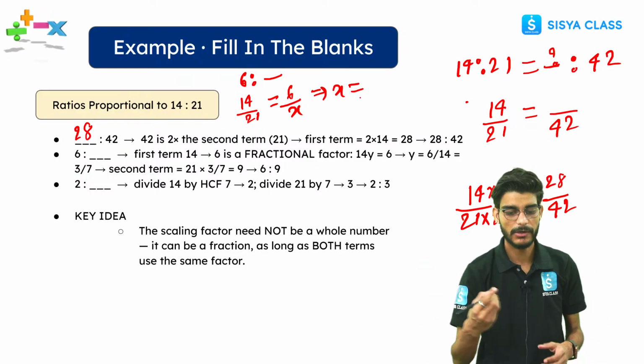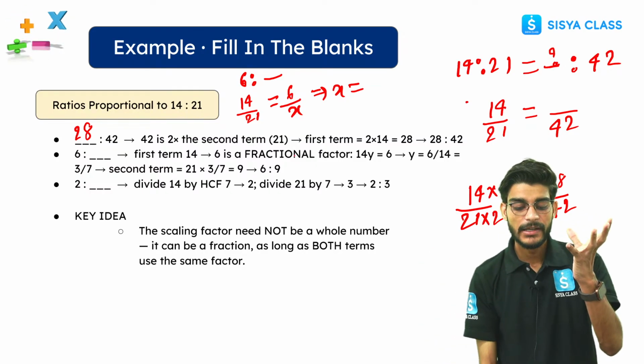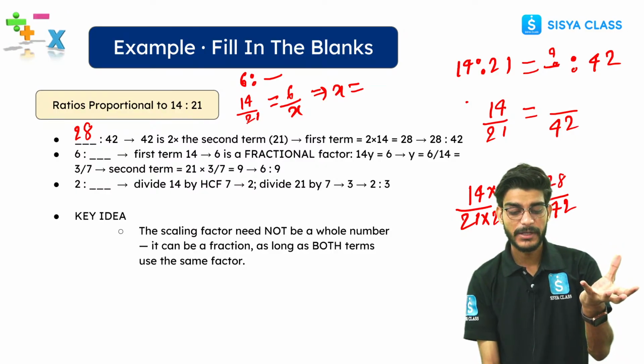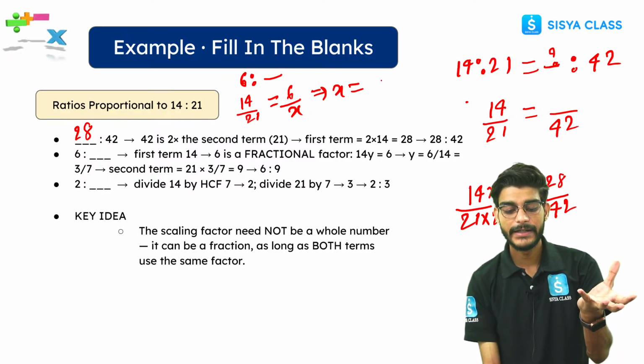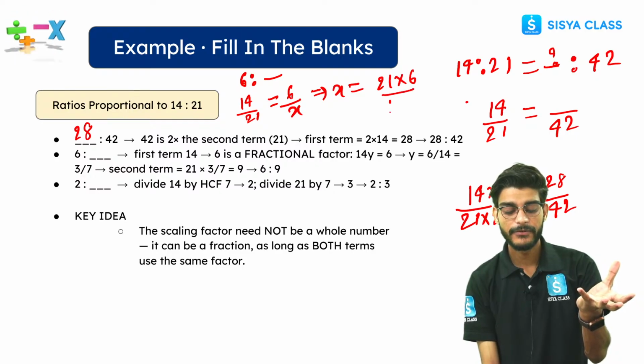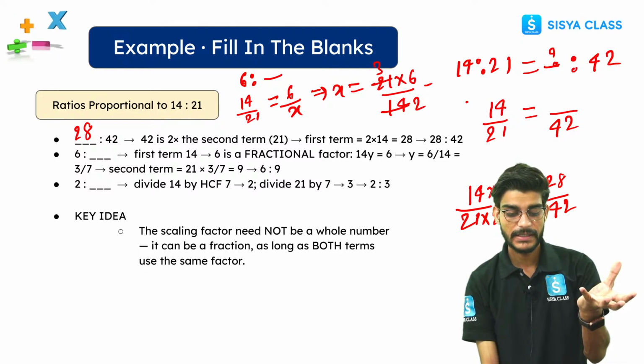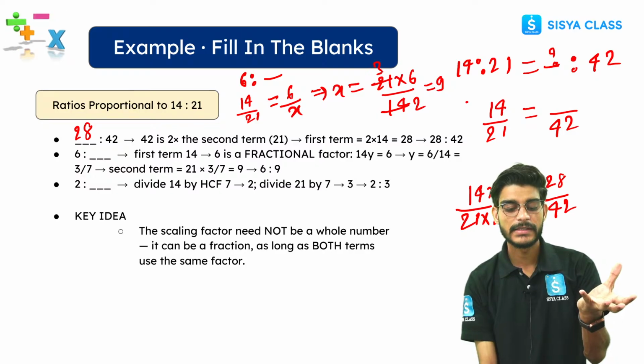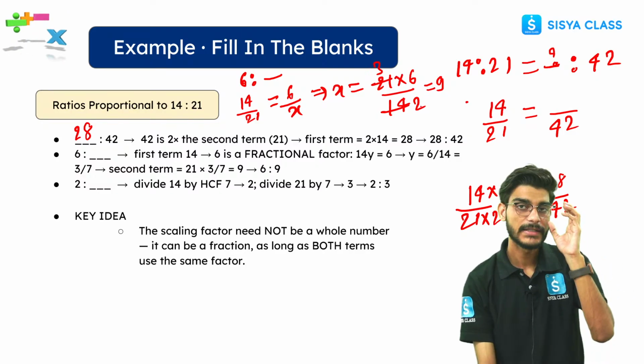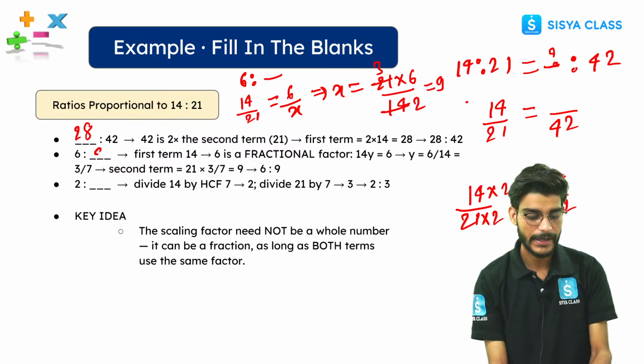If you have to find x here, simply multiply 21 into 6 divided by 14. 7 twos are 14, 7 threes are 21. Basically it is 9. 6 threes are 18, 18 divided by 2 is 9. So in place of the blank, you have to write 9.